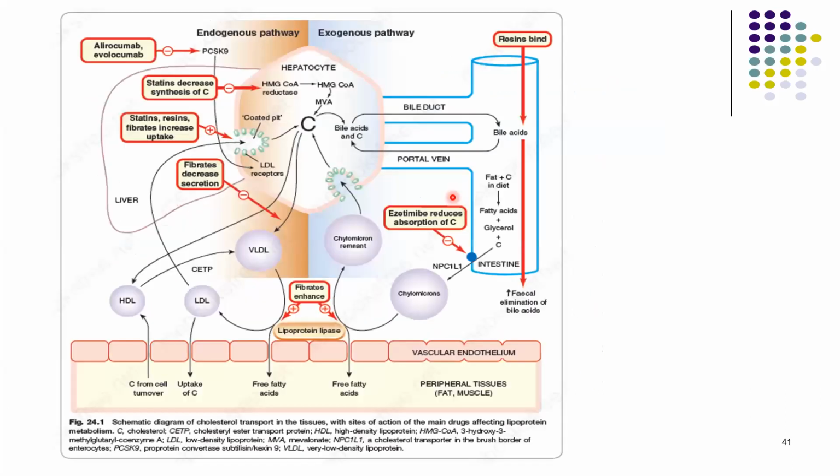All right. So these are the mechanisms of action of the drugs. If you want to just review a bit, we have ezetimibe, which reduces the absorption of cholesterol. The mechanism is by reducing the absorption. As we know, 80% is from our food, then 20% from synthesis in the liver.